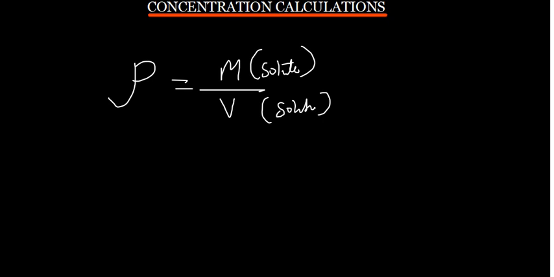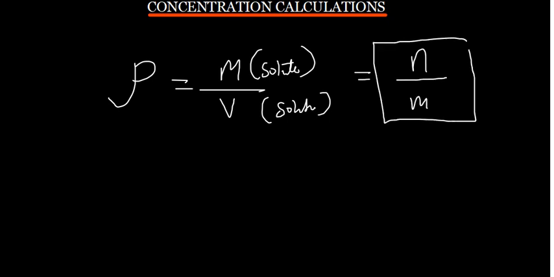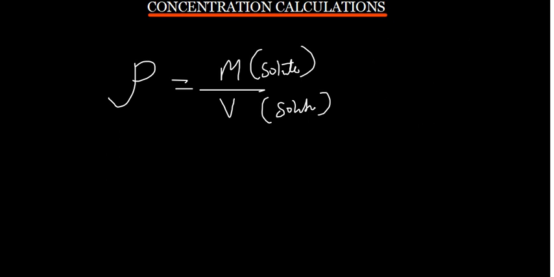But if this was opposite, or let's say on top you had number of moles and then down you had mass, this thing is molarity. So just by looking at the formula, you should identify what type of concentration that is. Density is also another type of concentration, and we've been working with density from grade 8, 9.